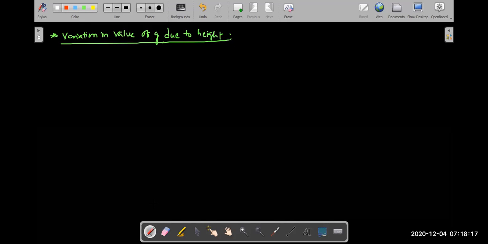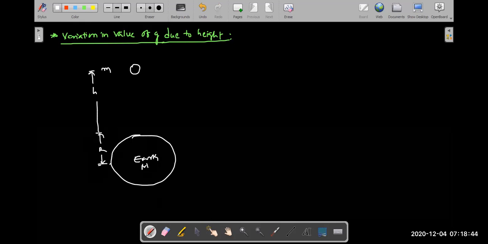Clear? So let's assume that this is Earth of mass capital M, and let's say this is some small mass, m. Now the radius of Earth is R. Let's say the additional height from the surface of Earth is h.